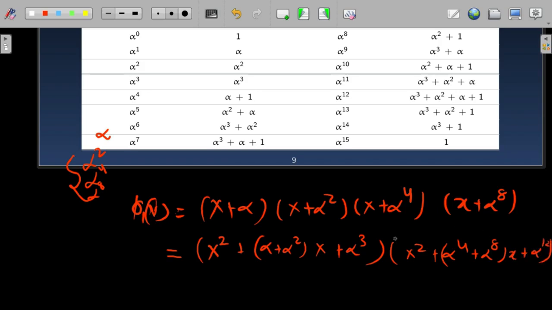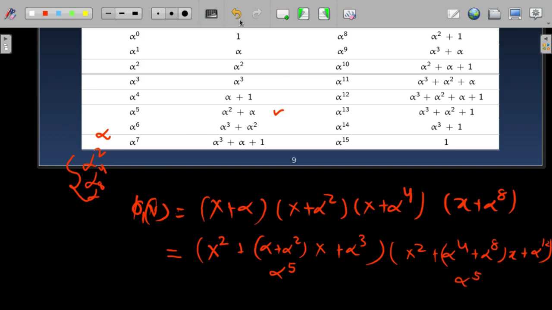Alpha plus alpha square is actually equal to alpha to the power 5. Now alpha to the power 4 plus alpha to the power 8: alpha to the power 4 is alpha plus 1, and alpha to the power 8 is alpha square plus 1. So this is again equal to alpha square plus alpha, which is also equal to alpha to the power 5.